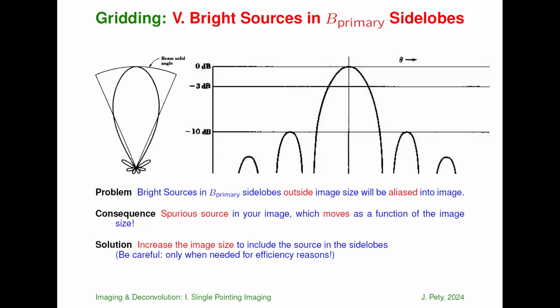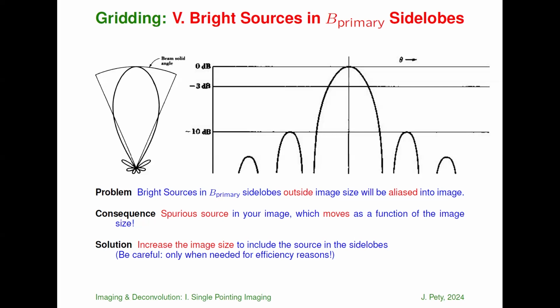Fortunately, there is a way to see whether this is a spurious source or not. You're making a first image, and you end up with a source that is here, that is being folded from here. But if you make a second image that is twice as large, then your point source will appear at its right position.